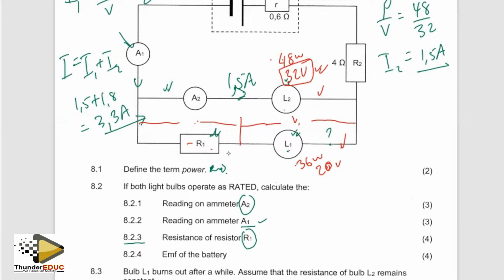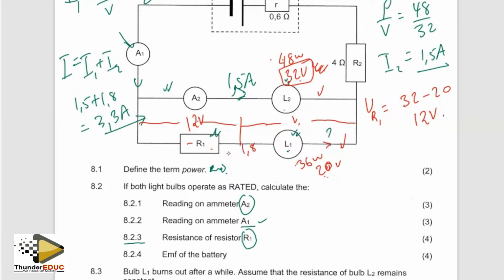So I'll start by getting the voltage across R1, which is going to be 32 minus 20, because 32 is the biggest value. If I add whatever I have to add, I must get the 32. That gives me 12 V across R1. But the current passing here is 1.8.